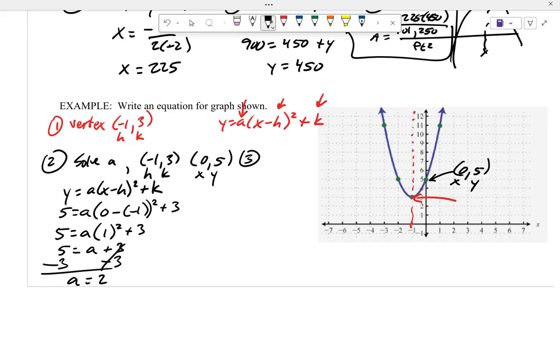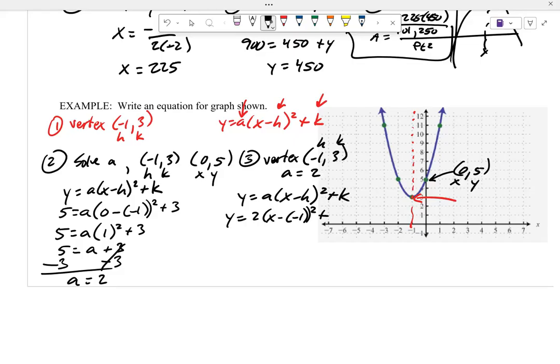So now we know our vertex, negative 1, 3. There's our h, k. Our a is 2. Let's write the equation. So we've got 2 times x plus 1 squared plus 3. There's the vertex form.